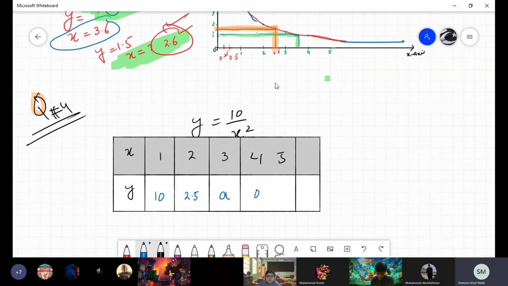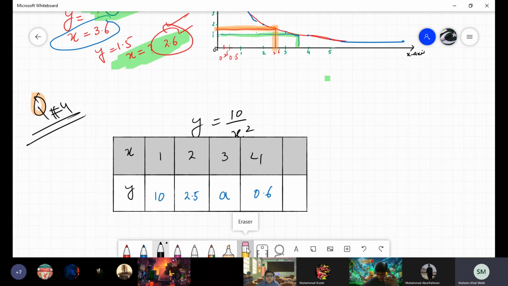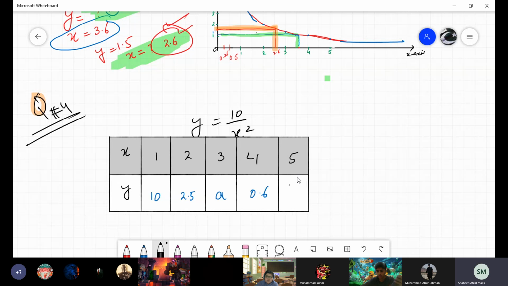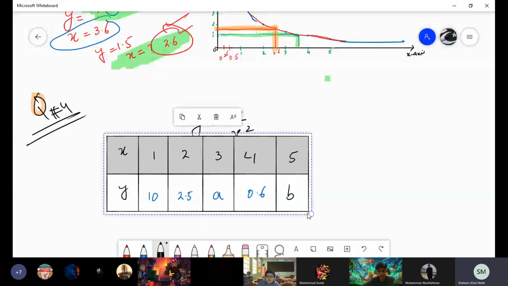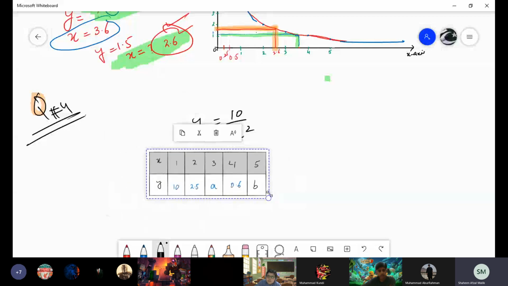For 4 this is 0.6. And for 5 it is b. So please write this equation on your calculator, with step 1, and complete the table. Tell me the value of a and b.